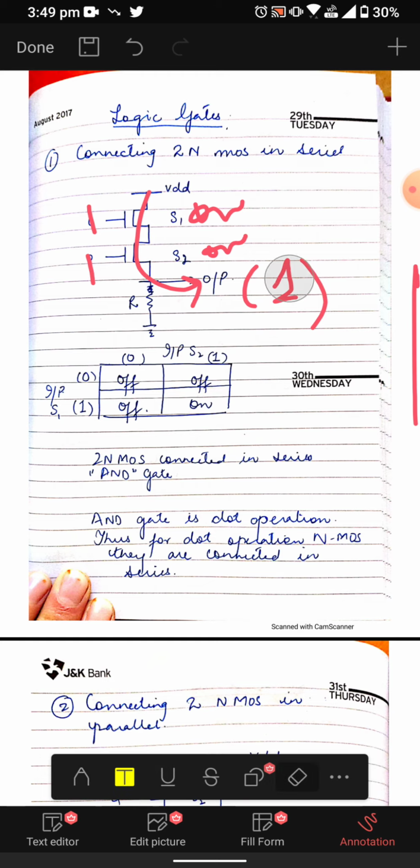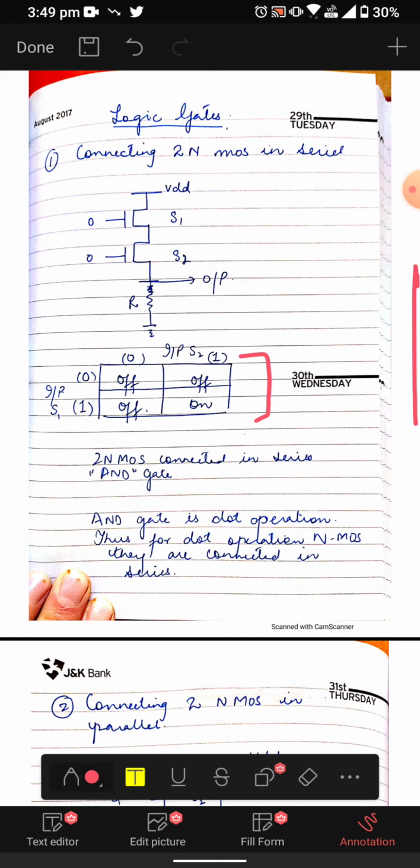So if you look at this truth table, what do I observe? I observe that the output follows the logic AND when I connect two NMOS in series.